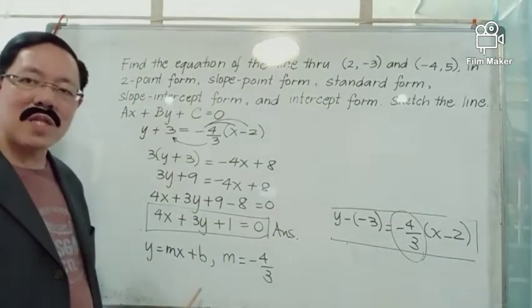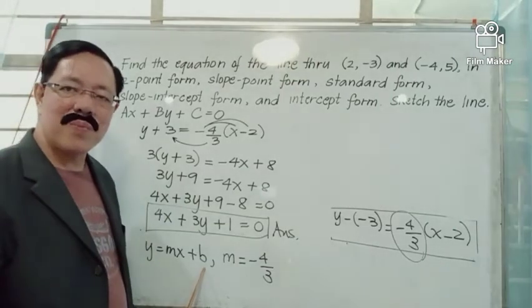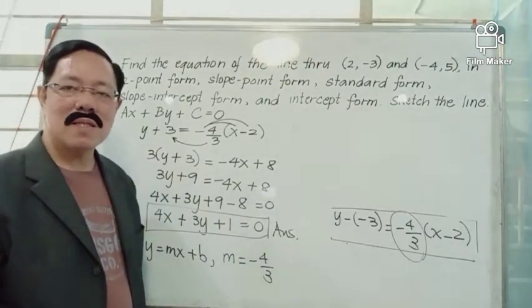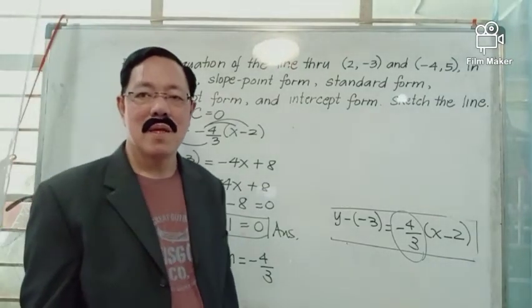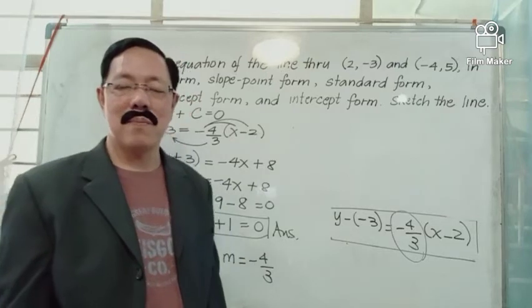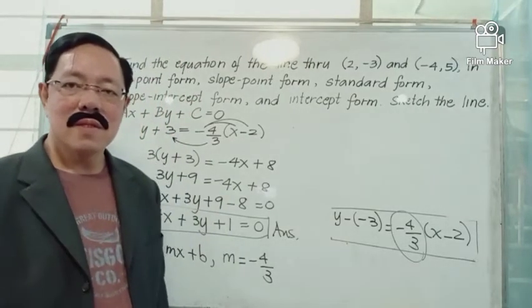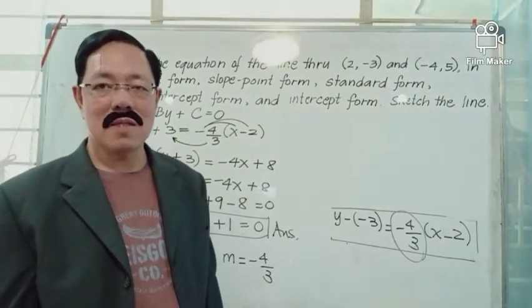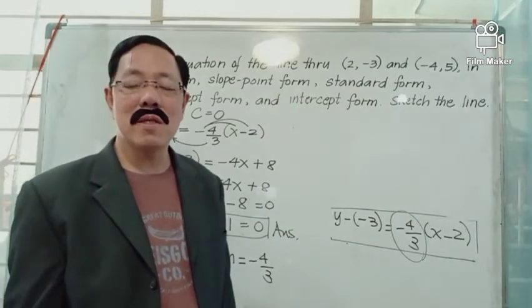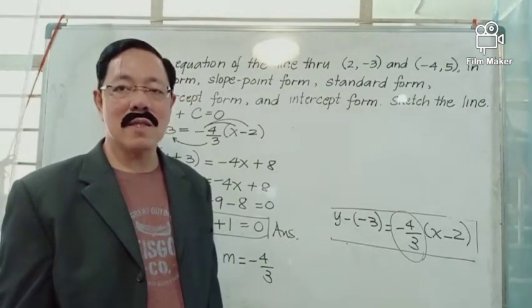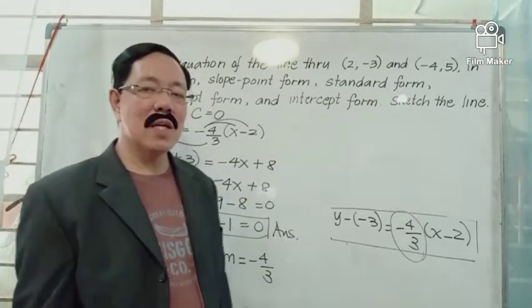And to write the equation of the line in slope-intercept form, we have to find the value of b. And we said earlier that b is actually the y-intercept of the line. It is the value of y at which the line passes through the y-axis, the point of intersection of the line and the vertical axis.